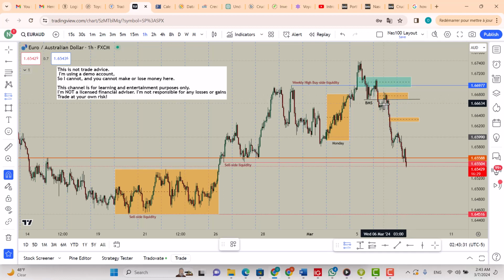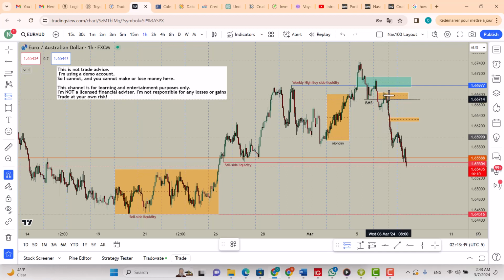One thing to remember though is that it is happening during London Open. This is 3 a.m. New York time. London opened here at 2 a.m. and at 3 a.m. we traded back into this bearish fair value gap.